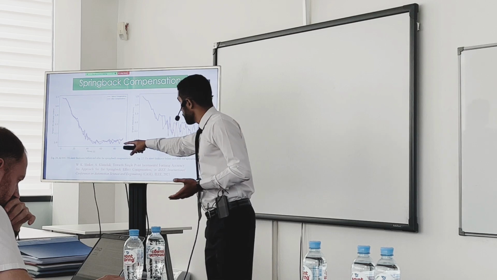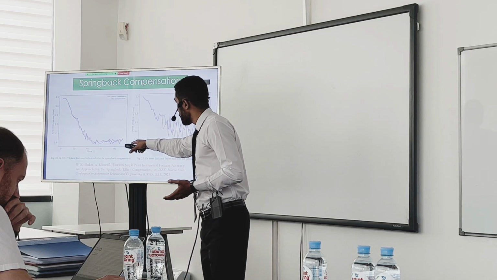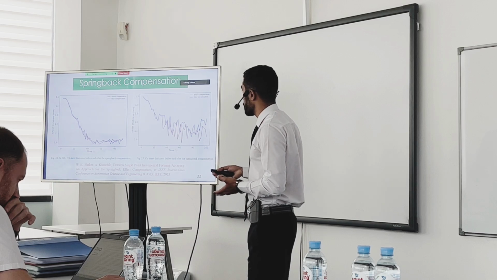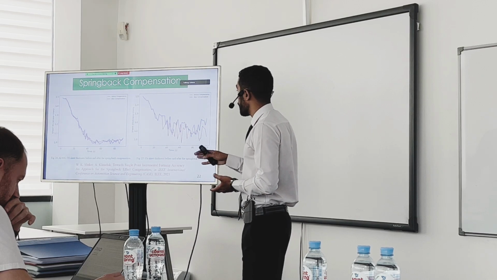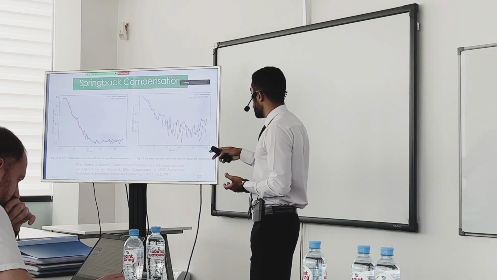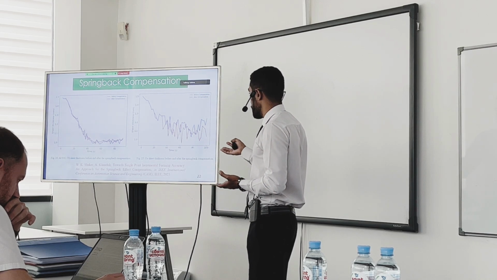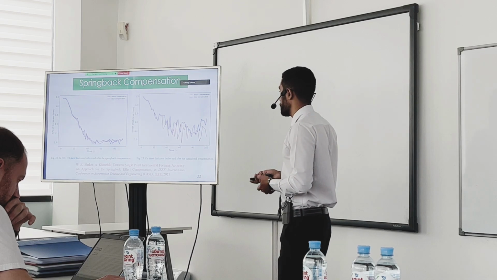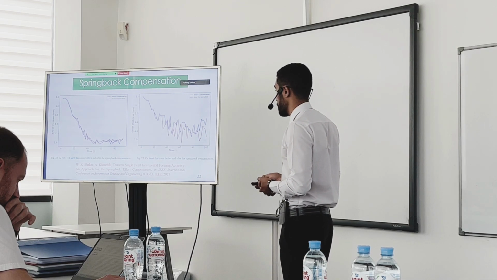This blue plot is for the results obtained from the proposed model. It was quite similar to the one before compensation. However, in the copper material, there was a slight enhancement in the sheet thickness.